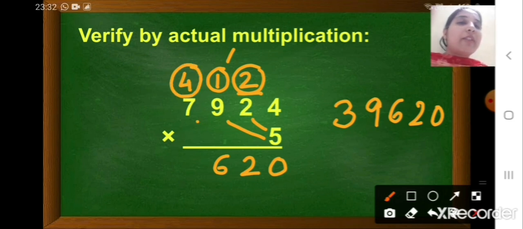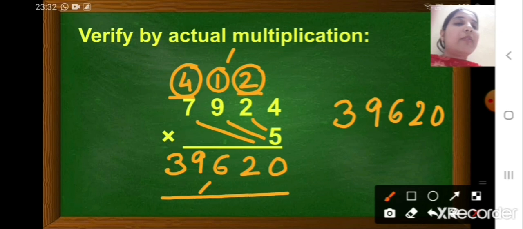Now children, 7 5s are 35 and 35 plus this carried over digit, 35 plus 4, 39. So there also you can see when we verified it by actual multiplication, we got the same answer that we got after multiplying it using expanded form.